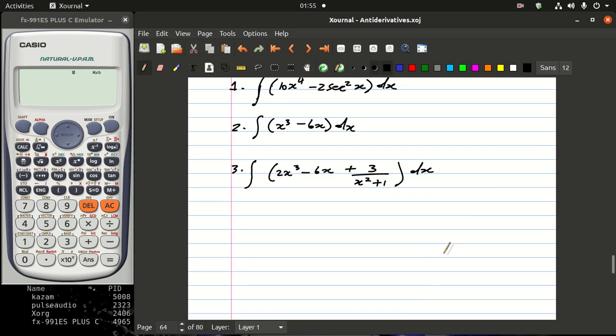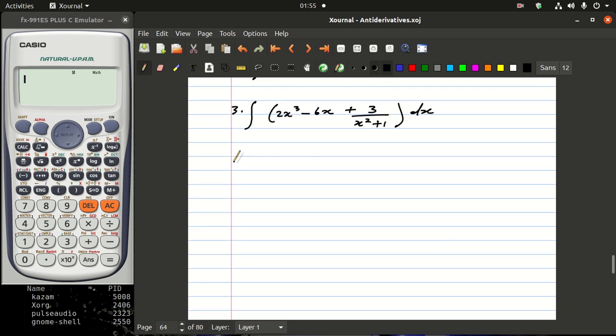And then the fourth one, number 4, is going to be 2t squared plus t squared times square root t, and then minus 1, all over t squared, and then you have your dt.